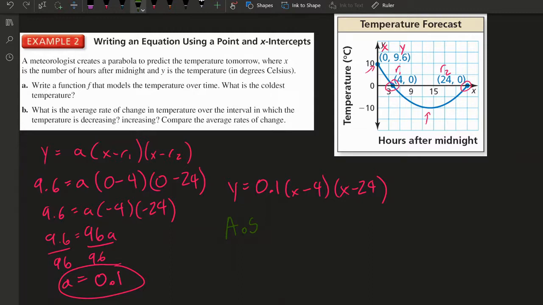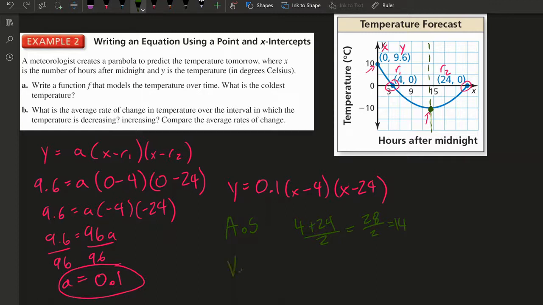So the way I can find the midpoint between them is just to average them. So I would just say 4 plus 24 divided by 2. It's 28 divided by 2, which is 14. So that means right here at 14 is where the vertex is.